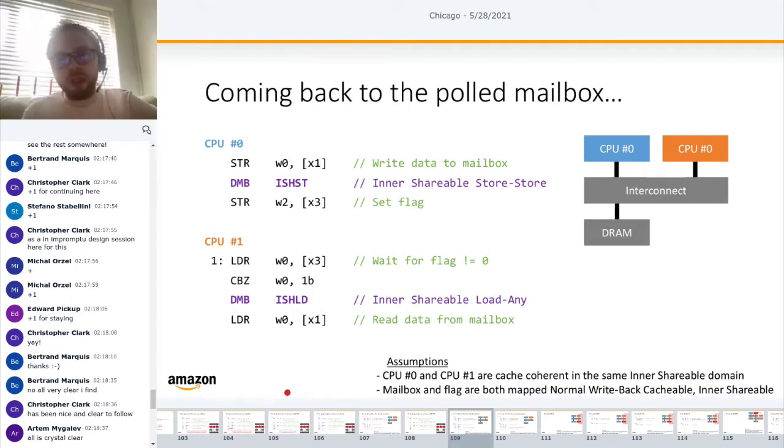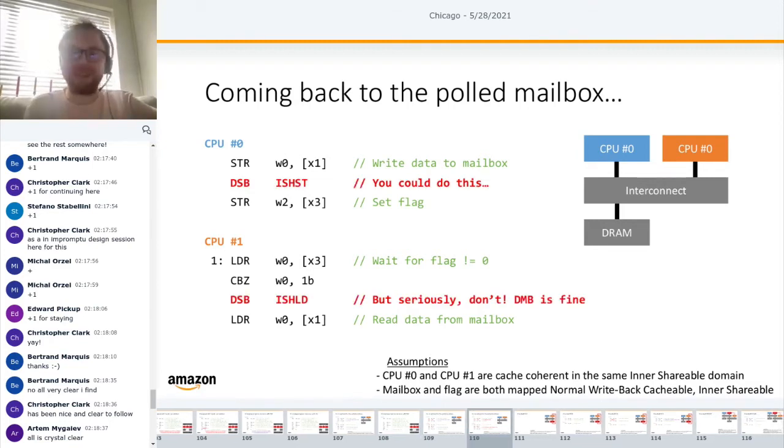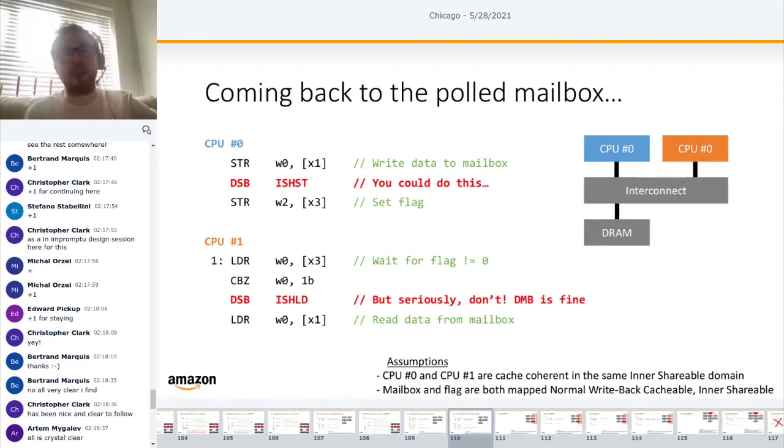Does that mean I can use a DSB here? Yeah, you could do that, but seriously, don't. The DMB is fine, and remember, the DSB is really bad for your performance. If you were really scared of your weakly ordered memory model, you could put a DSB after basically every single instruction, and it's going to work. You're not going to have any problems with the weakly ordered memory model, but your performance is going to tank.